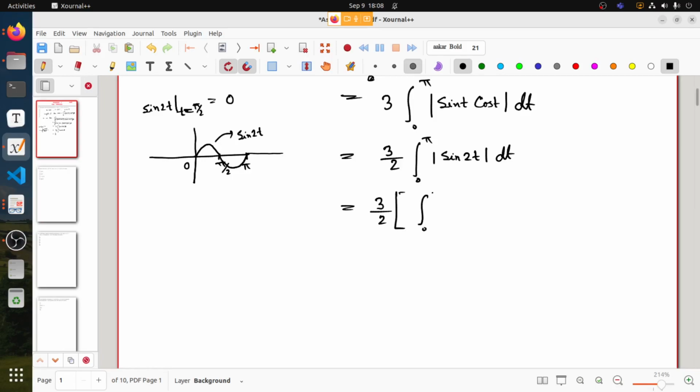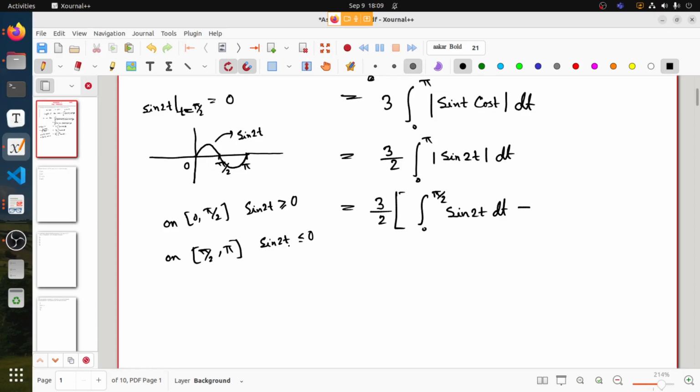From 0 to pi by 2, sin 2t is positive, so it stays sin 2t, since sin 2t is greater than or equal to 0. On pi by 2 to pi, sin 2t is negative, so if you take the modulus you have to put the minus.